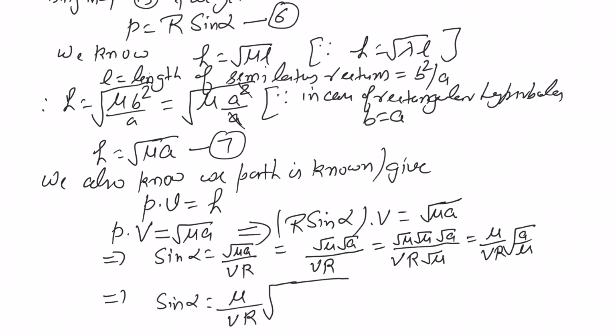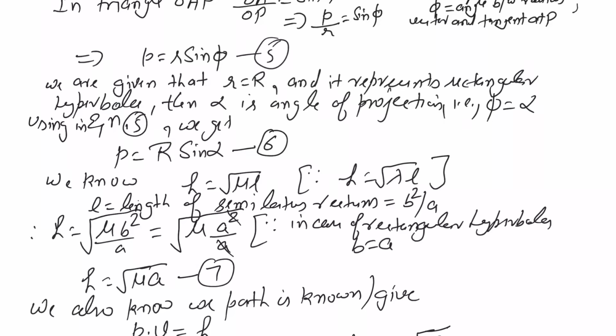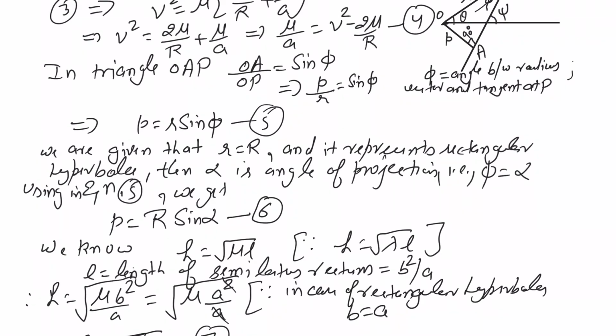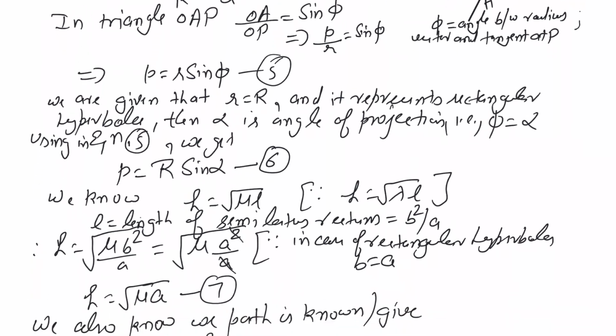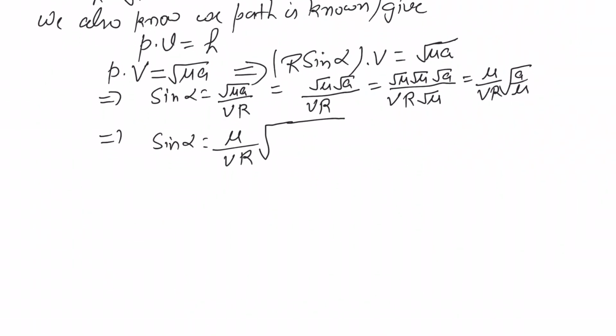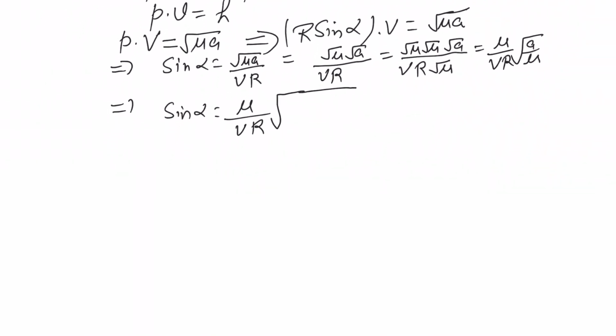Now you will see equation number 4 gives mu by a as V square minus 2 mu by R. So I am going to use this particular equation. So I am going to put the value of mu by a, which is V square minus 2 mu by R using 4.